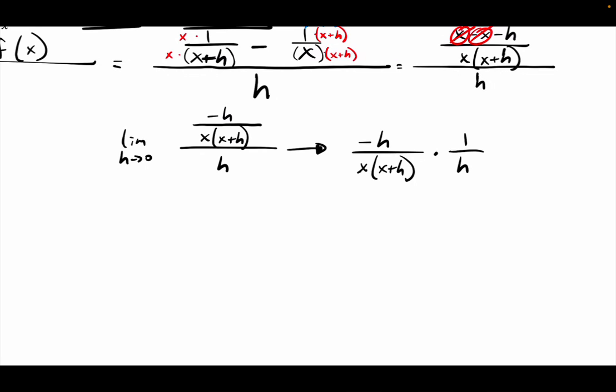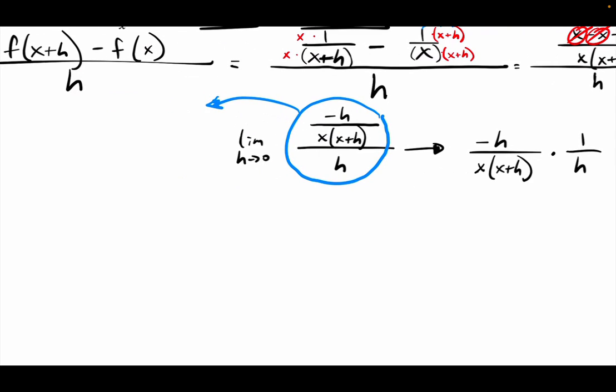Is it h or is it 1 over h over here? It's 1 over h. Actually, this guy is written like this. Watch. Another way to write that is like this: h is being divided by.